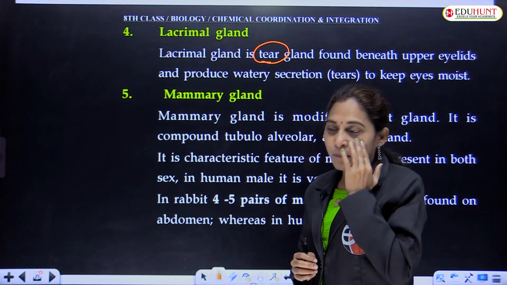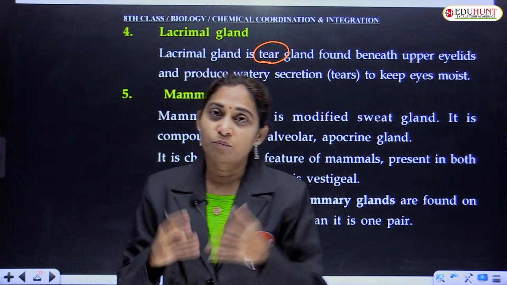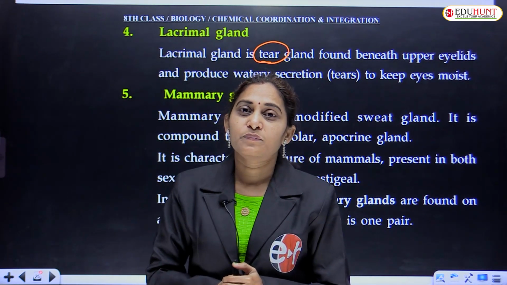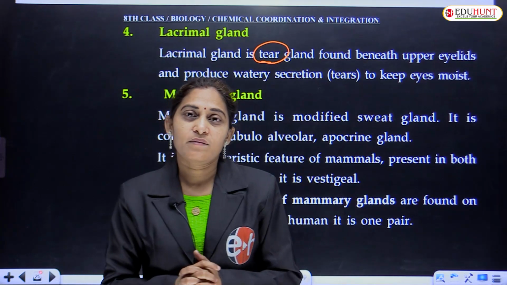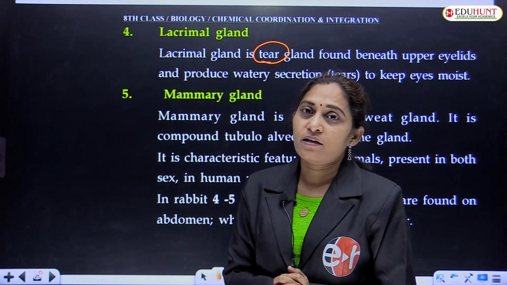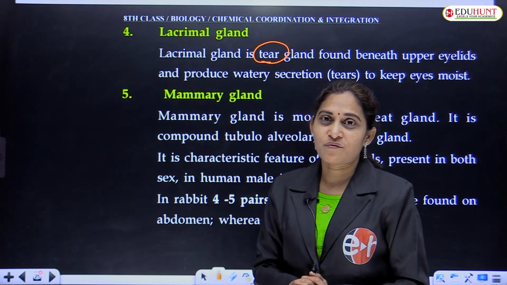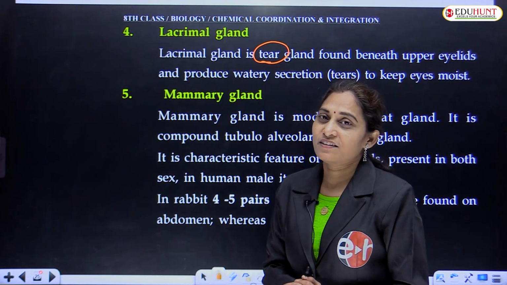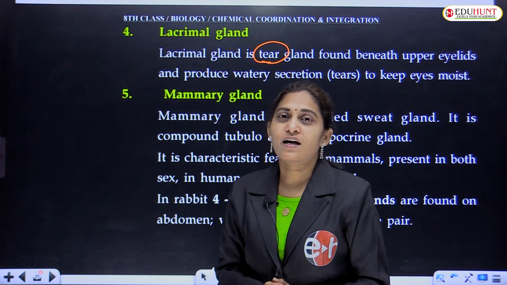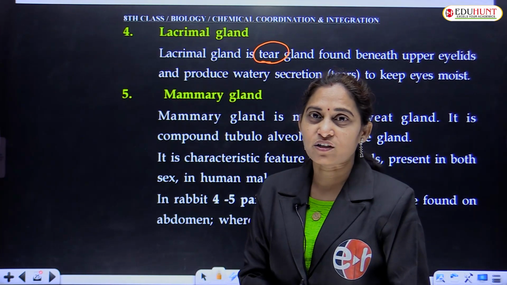We know, మనం ఎవరైనా ఒక మాట అన్నా ముందు వచ్చేది ఏడుపే కదా. ఆ ఏడుపు ఎలా వస్తుంది? ఈ లాక్రిమల్ గ్లాండ్ సెక్రేషన్ వల్ల. దీని యూజ్ ఏంటి? లాక్రిమల్ గ్లాండ్ సెక్రేషన్ వల్ల యూజ్ ఏంటి? ఏడవడమా? కాదు కదా. దీని యూజ్ ఏంటంటే దే మేక్ ద ఐస్ వెట్. ఫస్ట్ వెట్గా ఉంచుతాయి, క్లీన్గా ఉంచుతాయి.